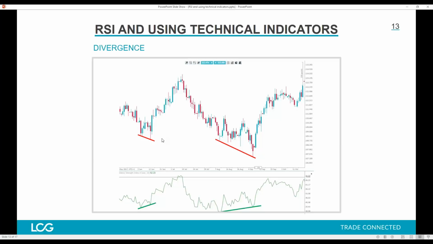The idea is that you're comparing the swing lows in the RSI to the swing lows in the price.